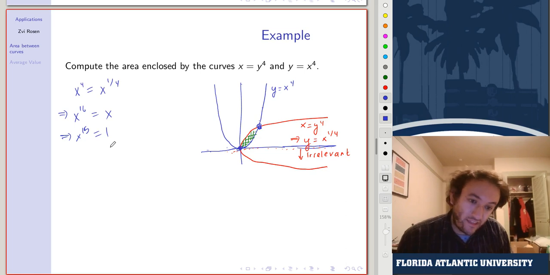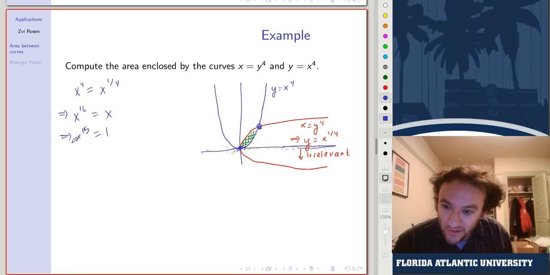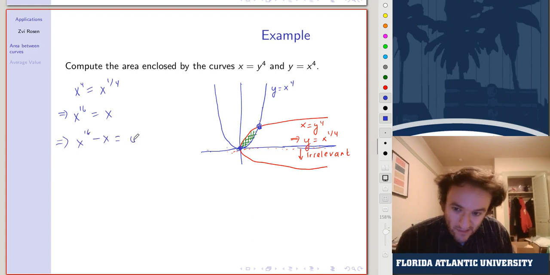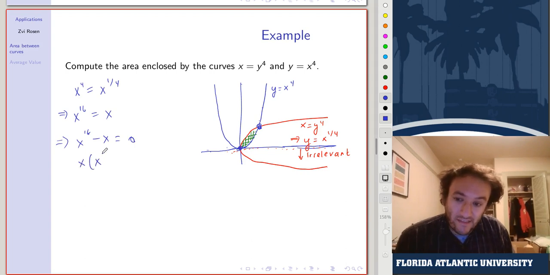Or you could also just subtract on both sides, and make this x to the 16th minus x equals 0. So either x is 0 or x to the 15th is the same thing as 1, which means that in this setting, x equals 1. So x equals 0 or x equals 1.